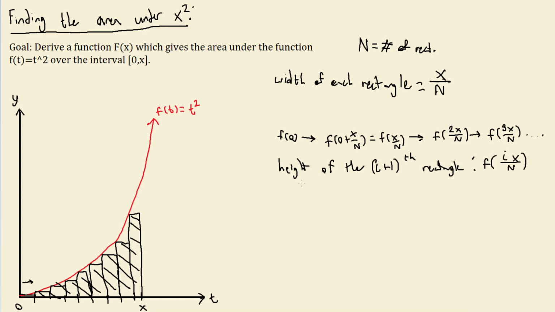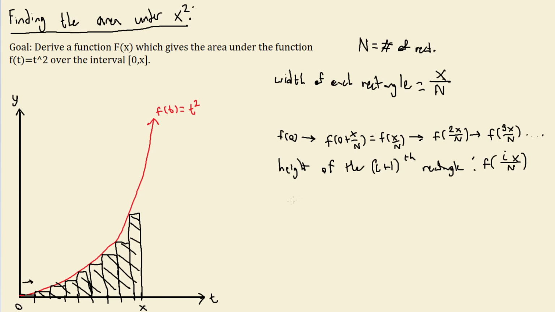So if I want the height of the first rectangle here, I would have to plug in I is equal to 0, and that would give me f of 0. And that's exactly what we have. If I wanted the height of the second rectangle, I would have to plug in I is equal to 1, and if I plug that in, I would get f of x over n, which is exactly what we have here. So this is just a succinct way of writing this. The height of the I plus 1th rectangle is equal to f of I times x over n.